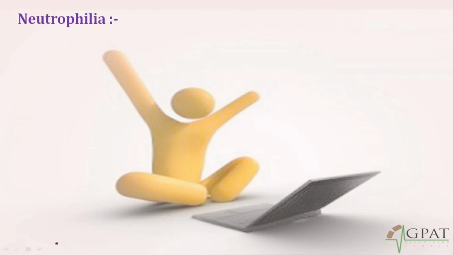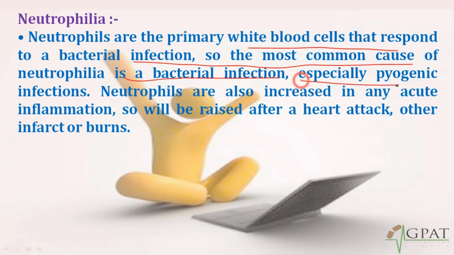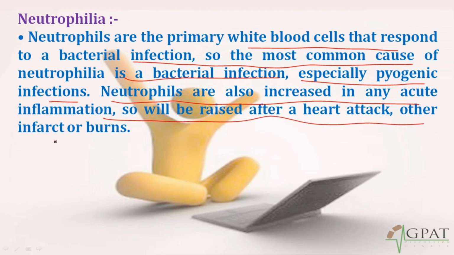Next, neutrophilia. Neutrophils are the primary white blood cells that respond to bacterial infection. So the most common cause of neutrophilia is a bacterial infection, especially pyogenic infections. Neutrophils are also increased in any acute inflammation, so they will be raised after a heart attack, other infarct or burns.